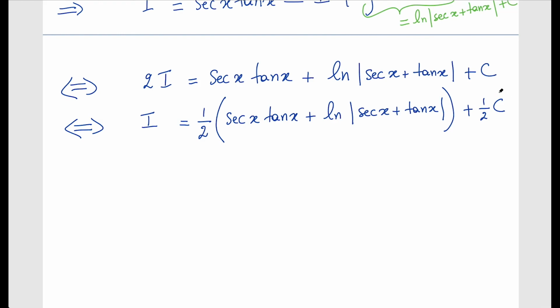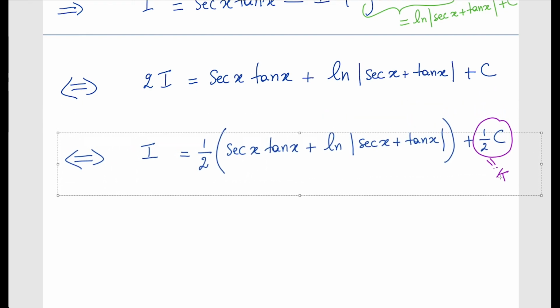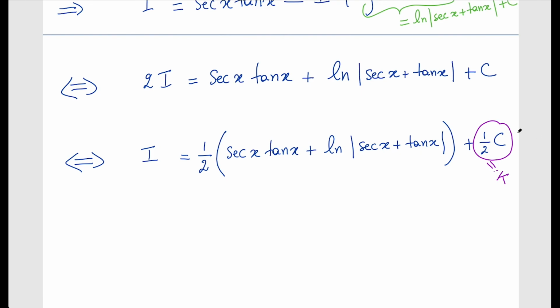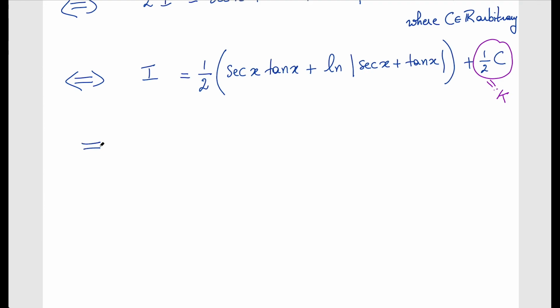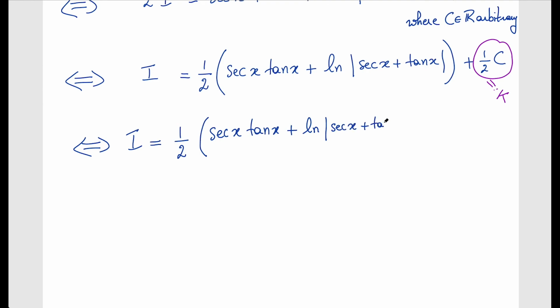And now, since c was arbitrary in R, k is also going to be arbitrary in R. So now if you rewrite half c to be k, then you get I is half secant x tan x plus ln of the absolute value of secant x plus tan x plus that arbitrary constant k, right?